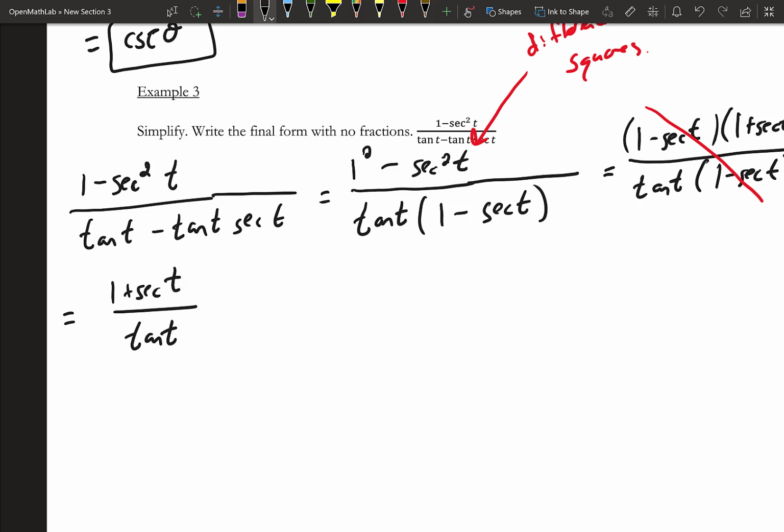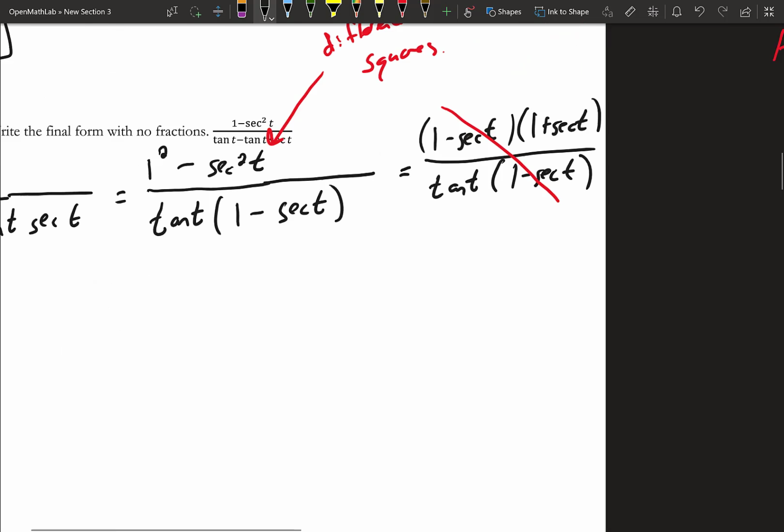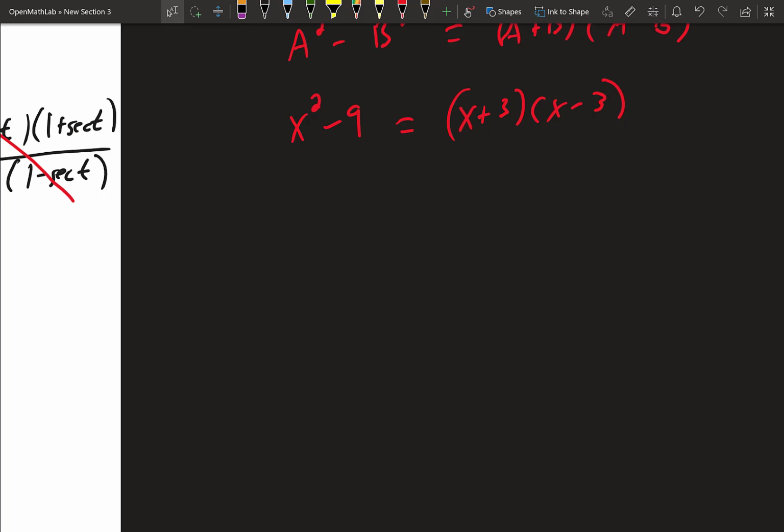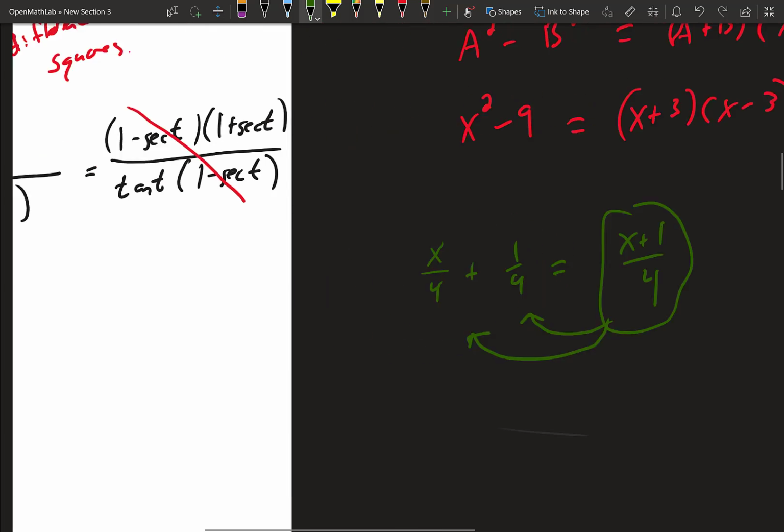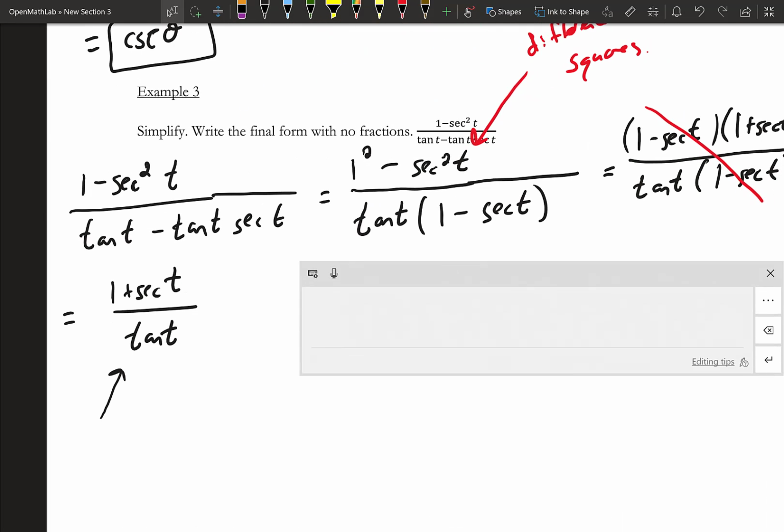The next thing that I want to do is notice this expression is simply the addition of two fractions, so I want to split it up. Similarly, if I had x over 4 plus 1 over 4, this equals x plus 1 over 4. So we're starting here, and I can split it up into two fractions.